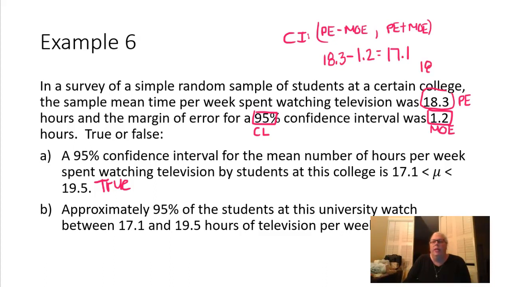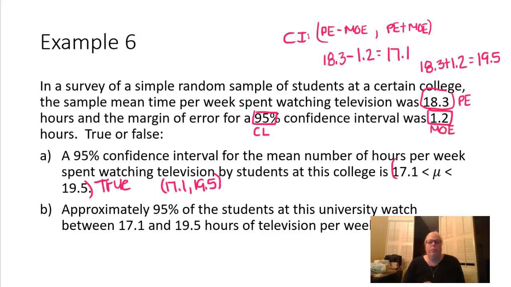And if I take the point estimate 18.3 and I add the margin of error 1.2, this is going to give me 19.5, which is the number I have right here on the right. So this is just a fancy way of saying the confidence interval 17.1 to 19.5, and that is certainly true.